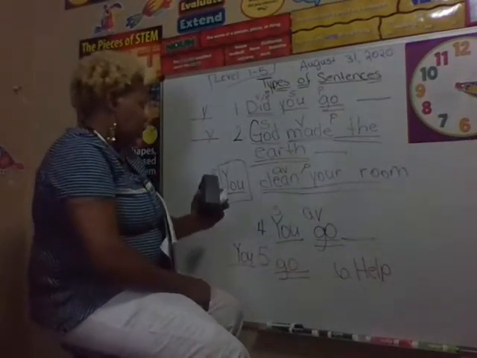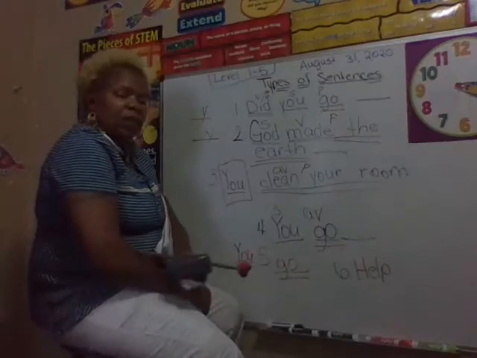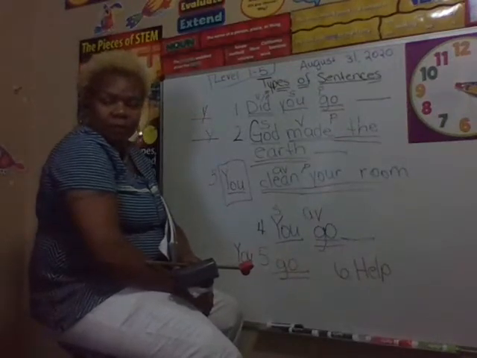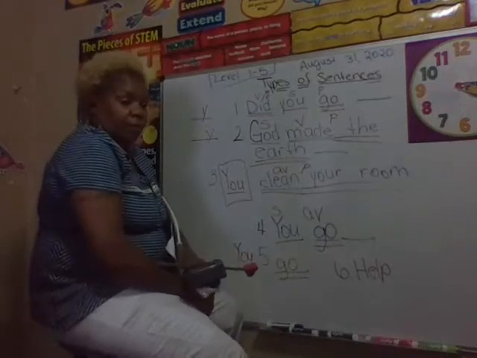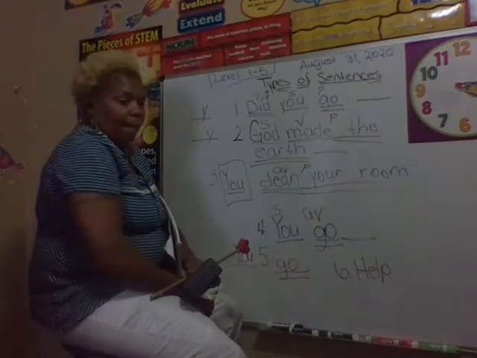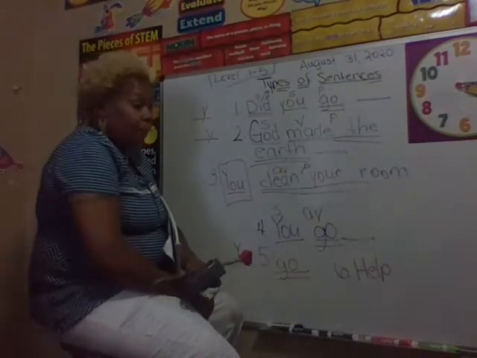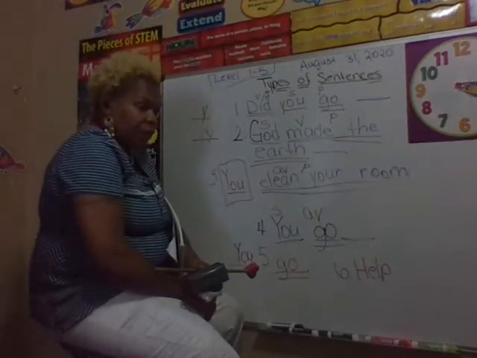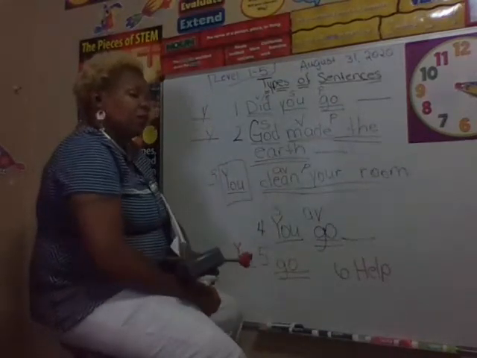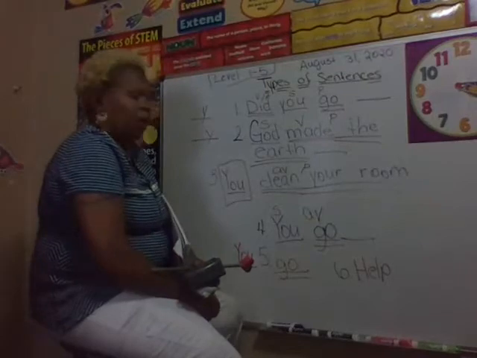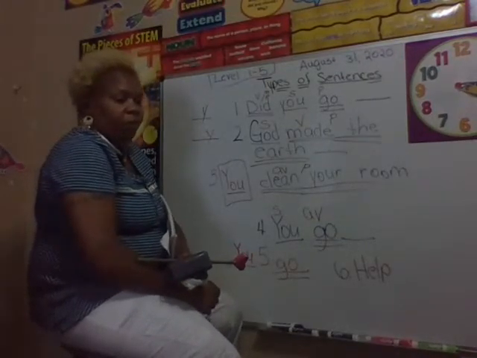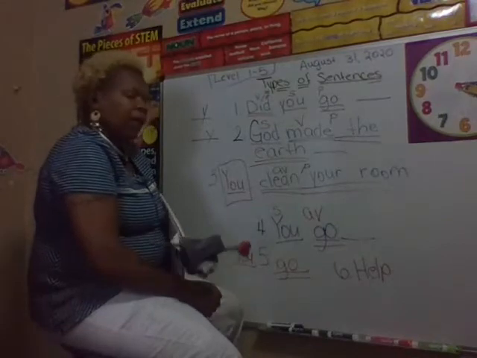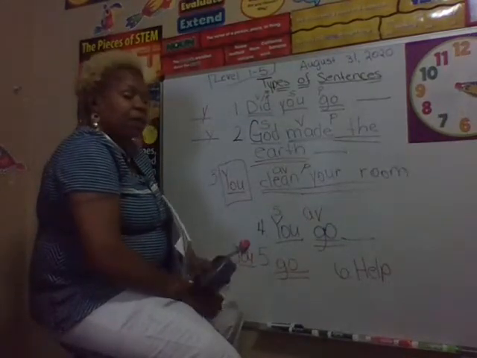Nothing's changed. What are you going to add? What words are you going to put there? Can somebody help me? No. One word. You. It's unidentified, but that is a sentence.